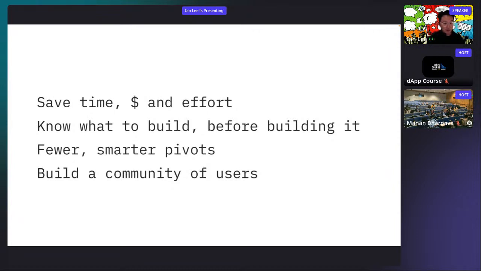And so what will save you a tremendous amount of time and effort and money is validating, again, what it is you should actually build. And once you have high validation on that, then go build it and put all your money and effort and talent and team into that. The other strategic implication is that it leads to fewer pivots.